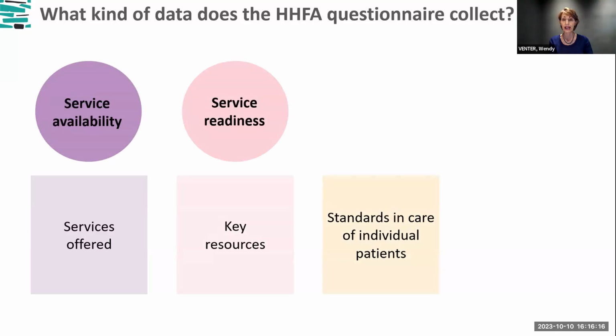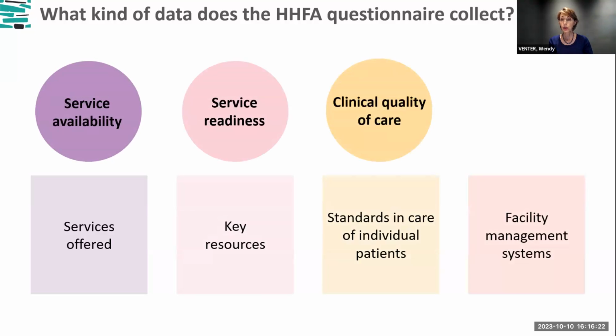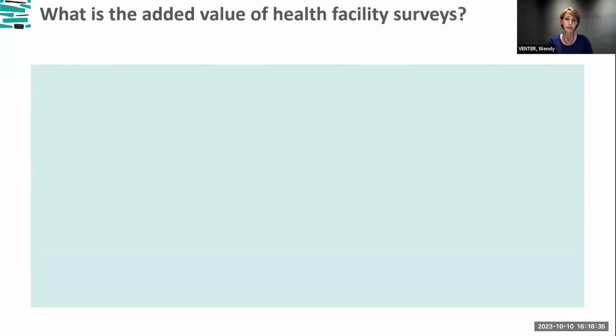And we look at this by looking at a sample of patient records, and we call this clinical quality of care. Then we also look at the facility management systems that are in place, for example, human resources, governance, health information systems, quality management systems, and we call this the management and finance component.